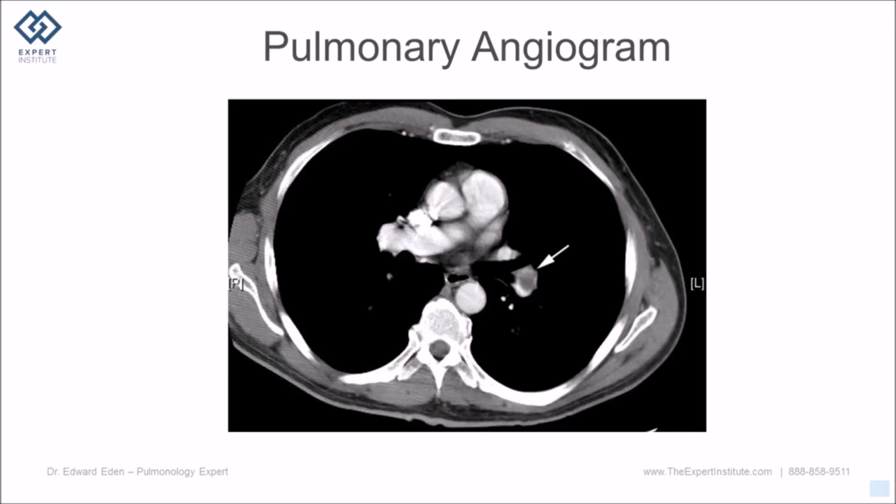Now, you would think that the pulmonary angiogram would be diagnostic in most cases, but in fact, there's a small number of patients who have a false positive pulmonary angiogram, or very occasionally a negative pulmonary angiogram when the patient actually does have a clot. The most common reason for a negative pulmonary angiogram is a poor study.